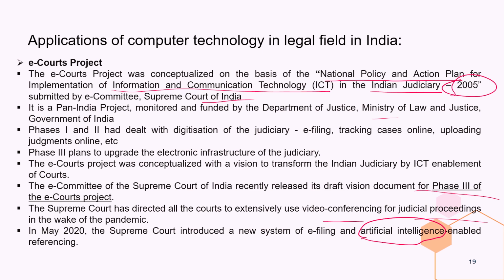It is already in place and being used, but not many lawyers and not many clients are aware, and even the judges in the subordinate judiciary are not aware. They may use these tools and accordingly make their work faster, simpler and more efficacious, right.